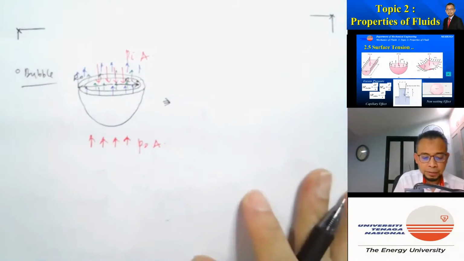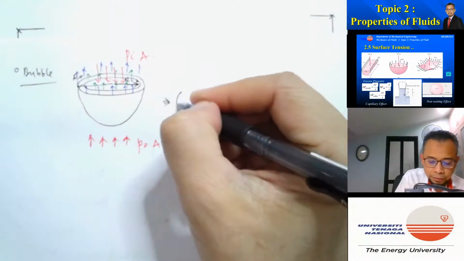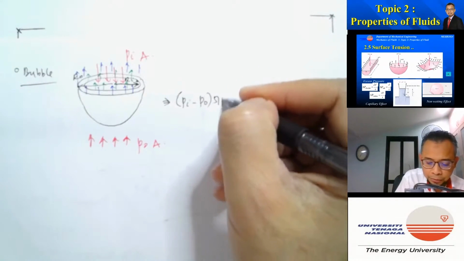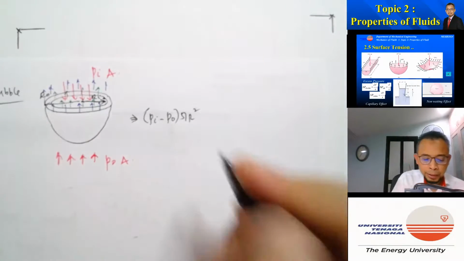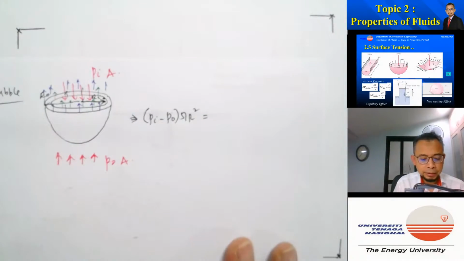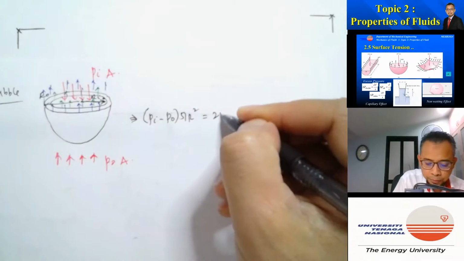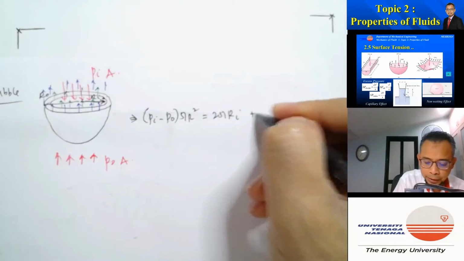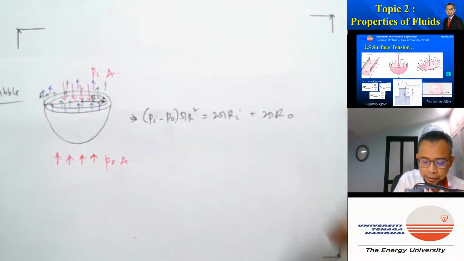I can balance the forces again, so I have Pi minus Po multiplied by pi r squared, and that must be balanced by surface tensions 2 pi r inner plus 2 pi r outer.